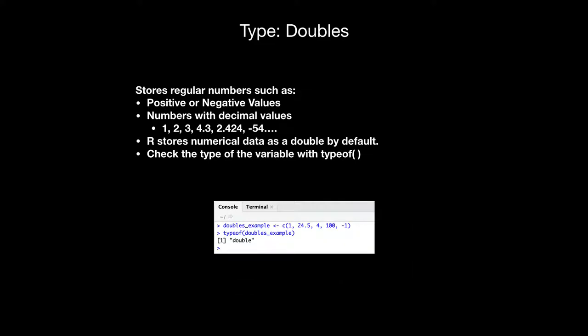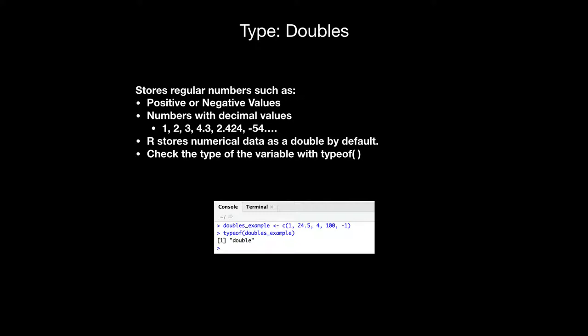So just diving a little deeper here into doubles. They store regular numbers such as positive or negative values, and numbers with decimal values. R stores numerical data as a double by default. So it will assume the number is a double just to play it safe, because it can be both an integer and a double. That's what R defaults to.